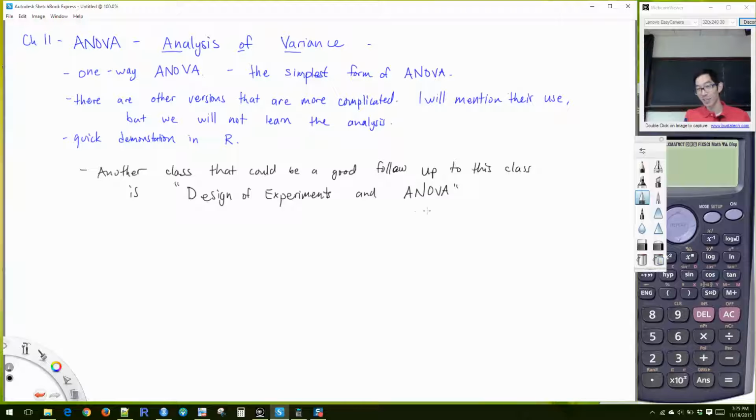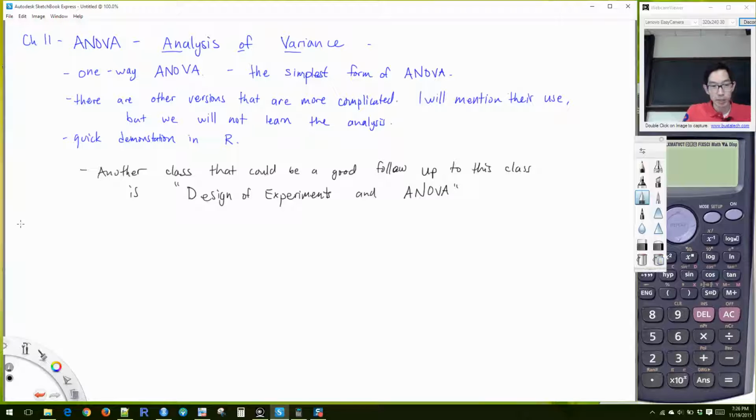The class might be titled ANOVA, but usually Design of Experiments is the primary class, and ANOVA is the primary tool used in that. So you could take an entire course on ANOVA. We're just going to learn the basic version of ANOVA and its usage here, okay?